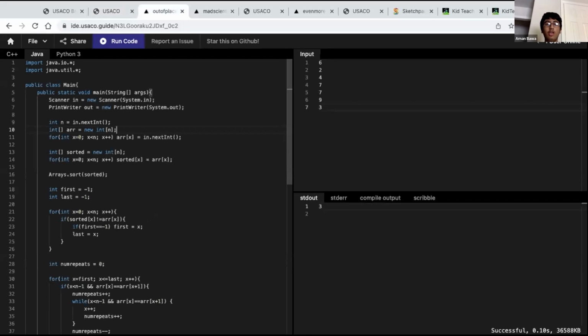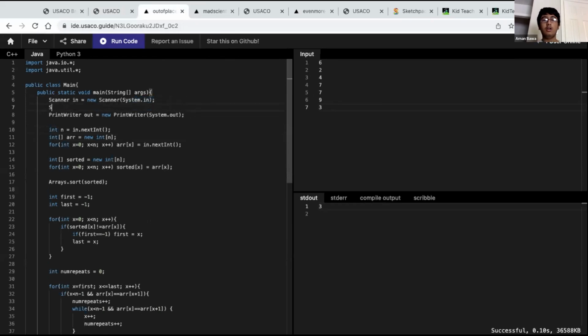Once again, when you're submitting solutions for USACO, if you have standard input, use Scanner with System.in and PrintWriter with System.out. But if you're submitting with a file, you have to use Scanner in is equal to new Scanner, and then you have to use the syntax new File, and then in parentheses, the file name dot in.